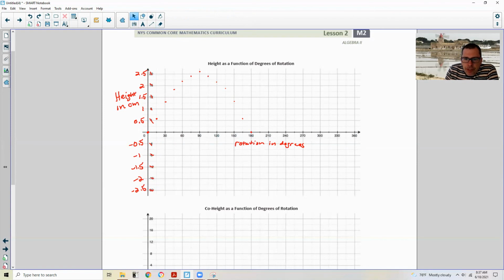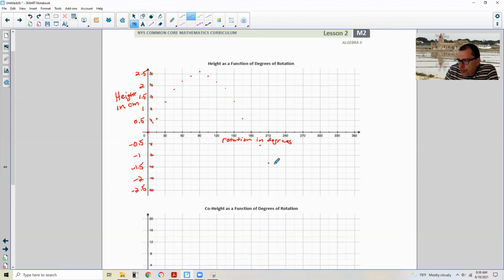Let's move this rotation in degrees closer so I can plot. And negative 0.6 at 195 is right about here. And then negative 1.3, wait, where was I? All right, negative 0.6, negative 1.3, here's 1.25, 1.3 is about there.